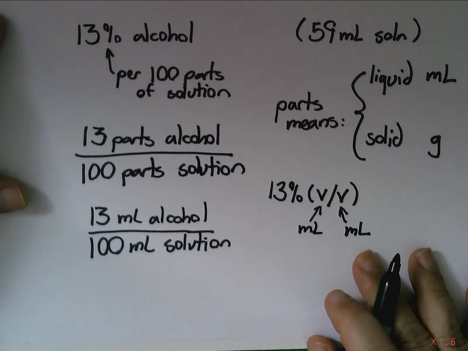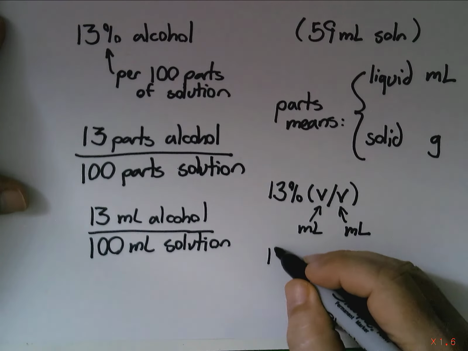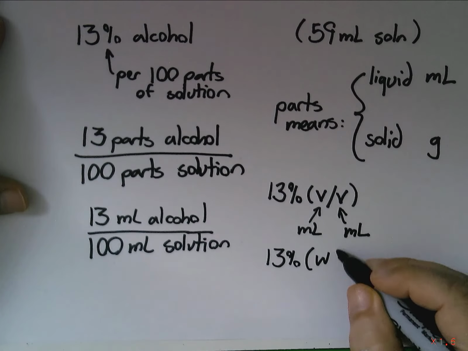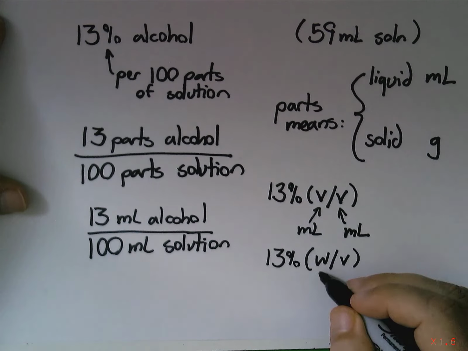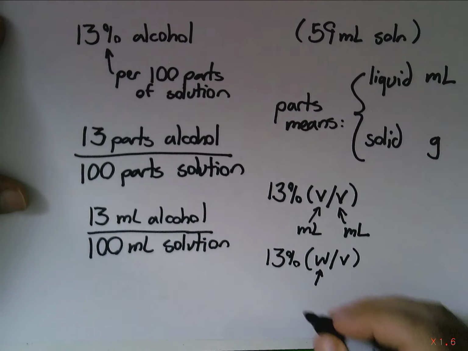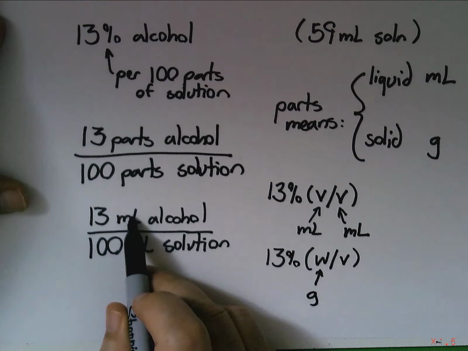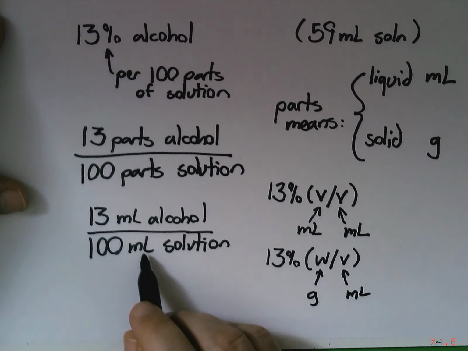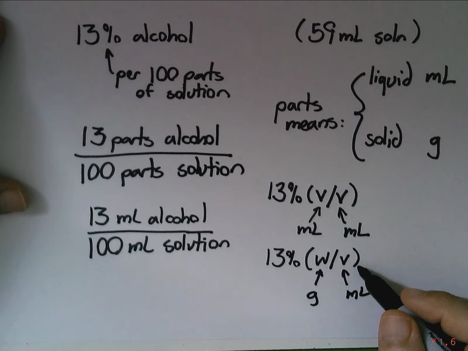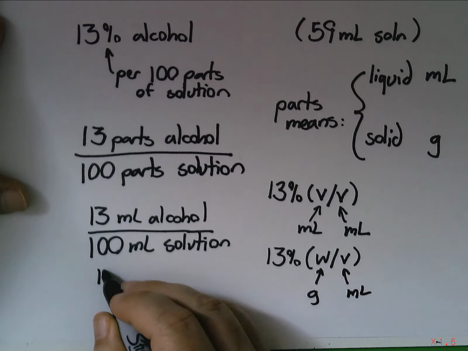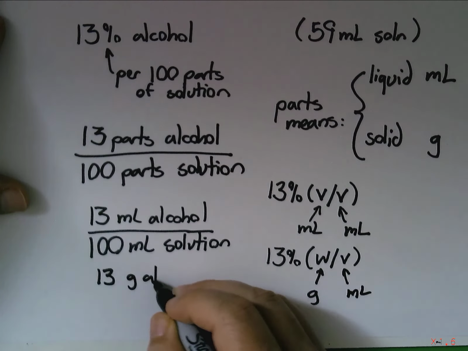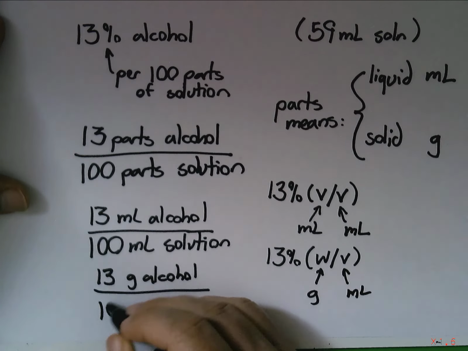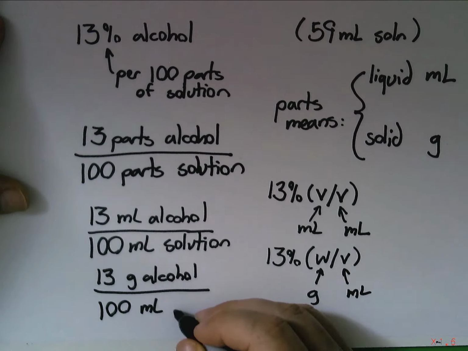Now there are other ways to write this down to make it clear. You could have said 13% weight over volume. In this case, if they put a W there, that means that you put grams up there and you put milliliters on the bottom. So if they wrote this, you would have to write this as 13 grams of alcohol per 100 milliliters of solution.